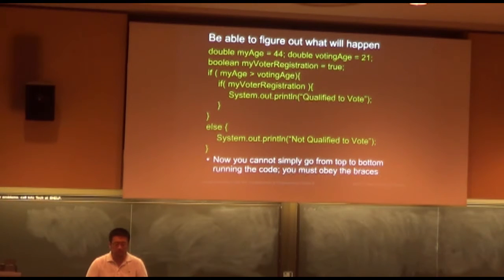Okay, so when you read if statements, it's crucial that you understand how exactly the code will execute. We're running out of time, but if you look at this example, you should be able to look at this code and decide, based on the constants that have been made available to you, what's going to happen with the code.